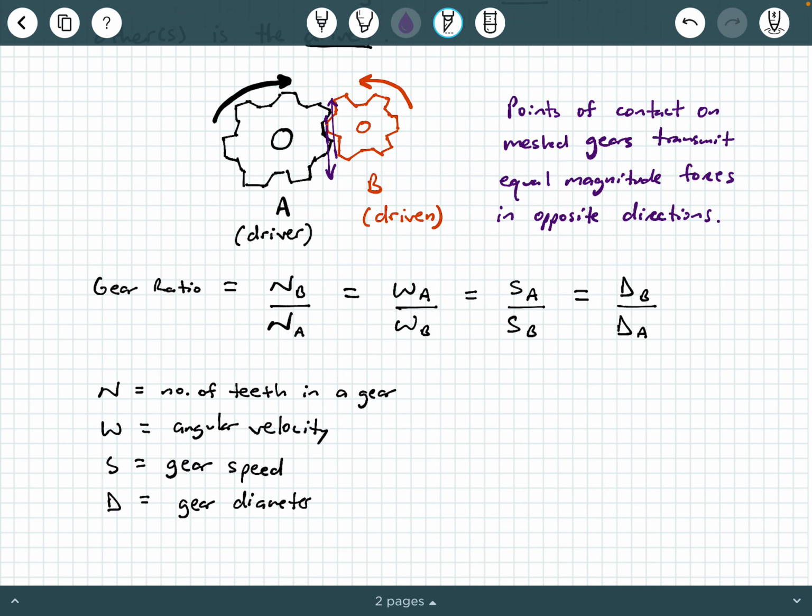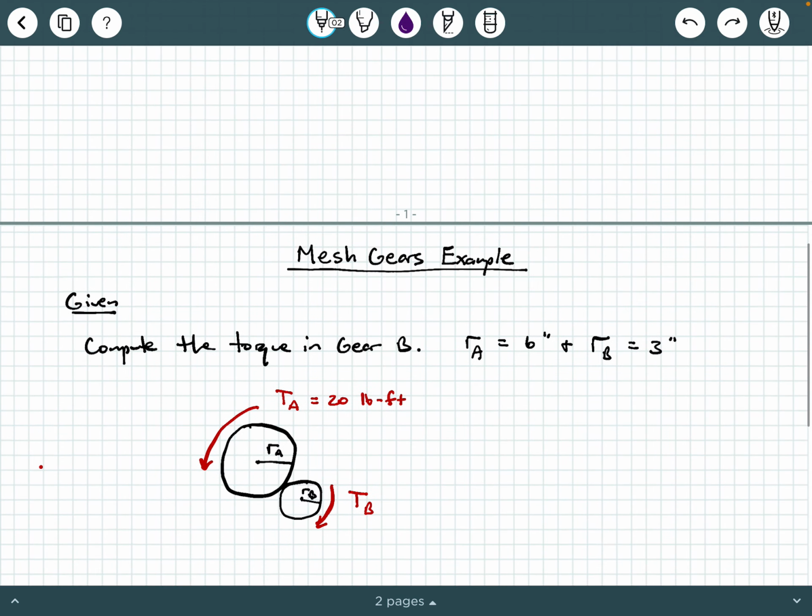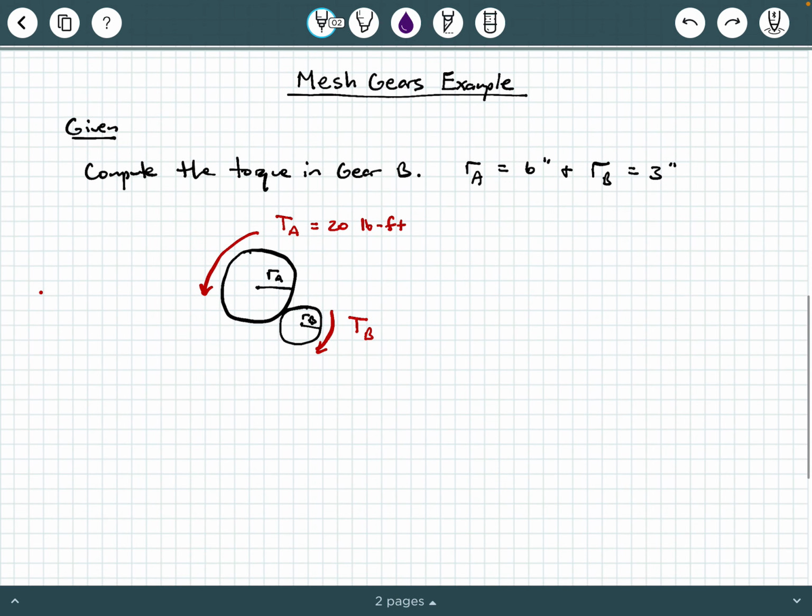But the key there is equal in magnitude, opposite in direction, okay? And we're going to see an illustration of that here in our next part of this video. So I just deleted those vectors just so the figure still looks nice. So let's scroll down and let's get into a simple example of meshed gears.